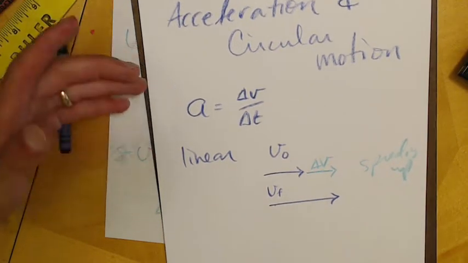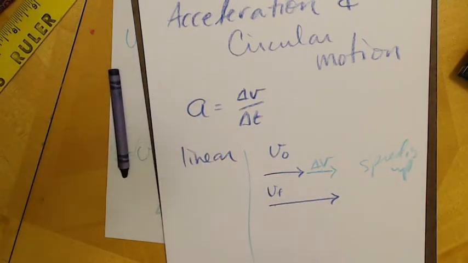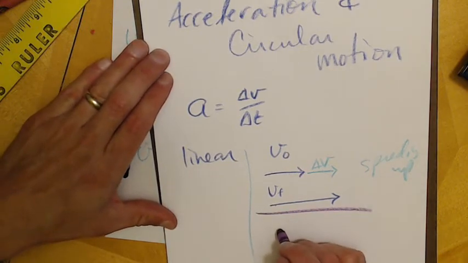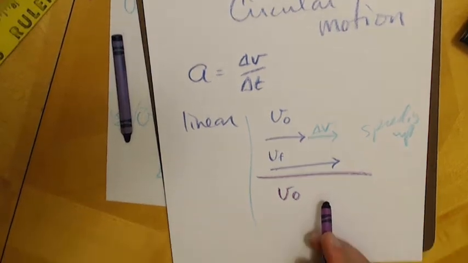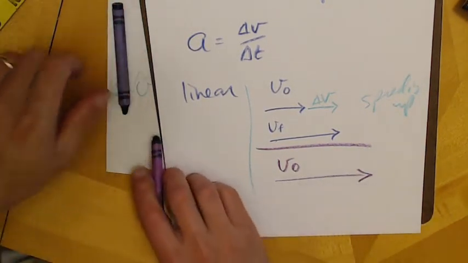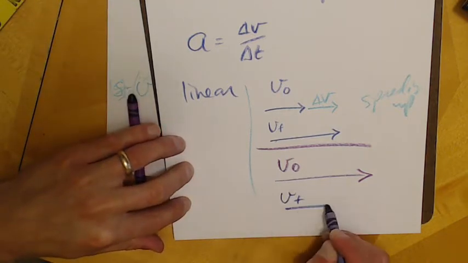But what about the other way? Let's use a different color because I have lots of crayons. Now some initial velocity is this long, and my final velocity is this long.